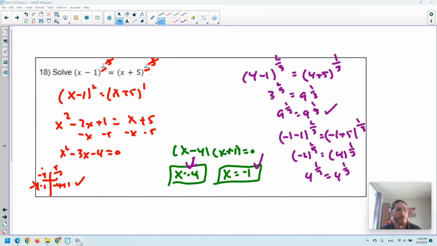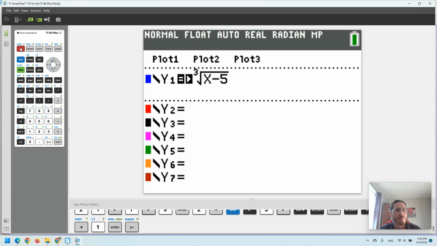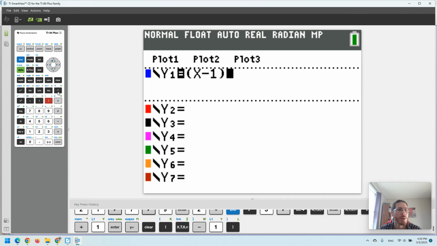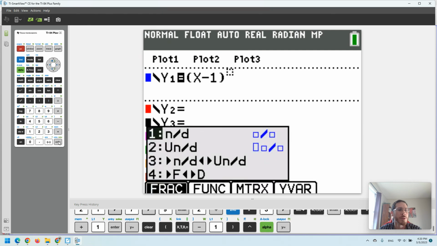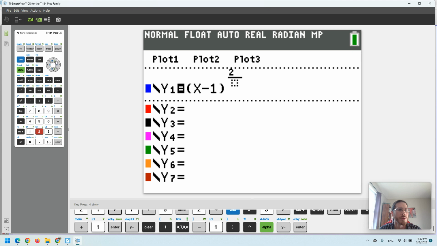So x minus 1 to the 2/3. I'm going to delete this one, and we're just going to do x minus 1 to the power of 2/3.